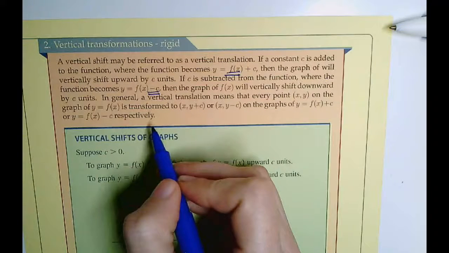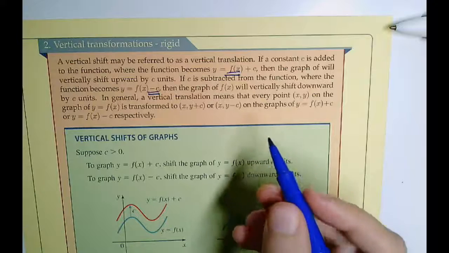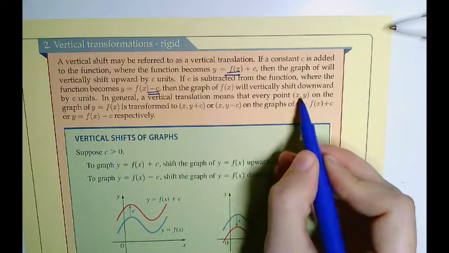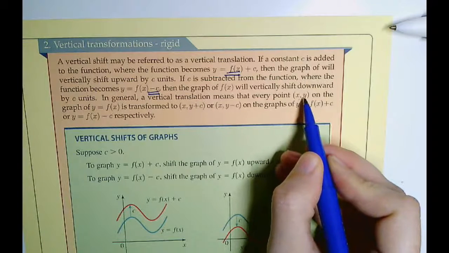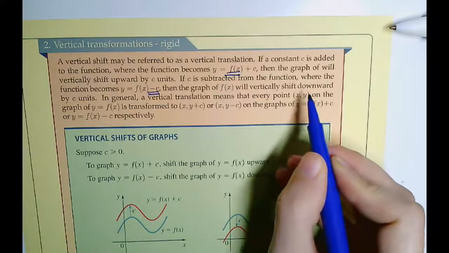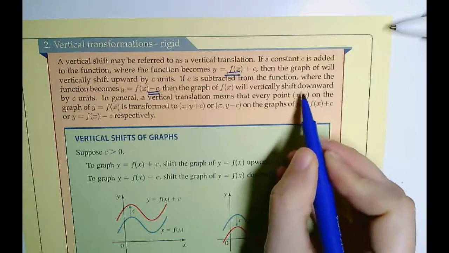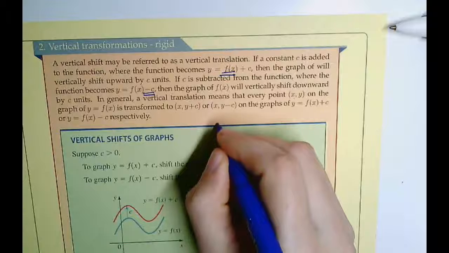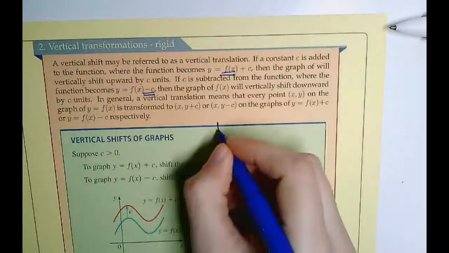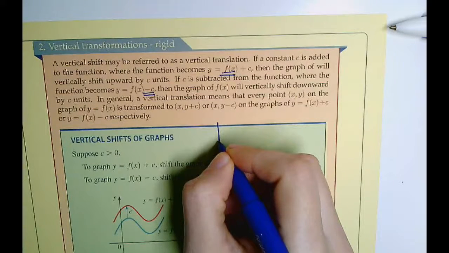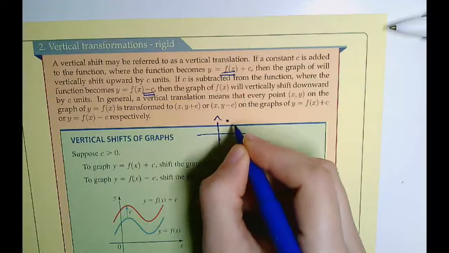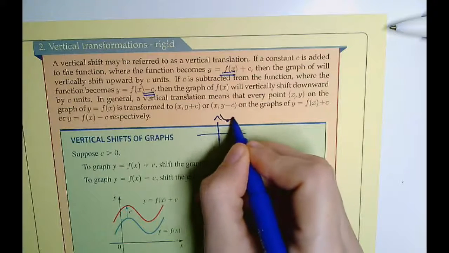So if you have a point (x, y) on the function f, and you move it down that many units, it's the y-coordinate that changed. So think about it. If I have a point right here on a graph, let's say like this.